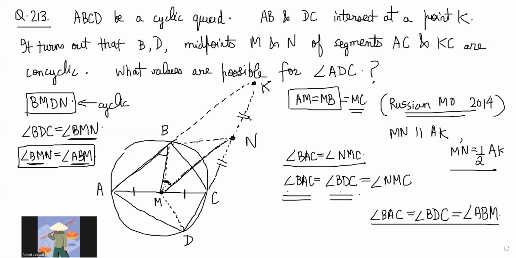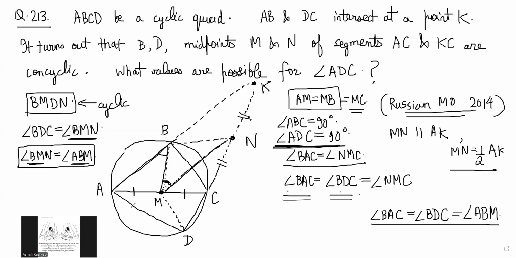So M must be the circumcenter of this circle. This means this is an angle in a semicircle on the diameter, 90 degrees. So angle ABC is 90. And if ABC is 90, what is ADC? That is also 90. So that is the answer. Yes sir, ADC is 90. That is the other side of the diameter.